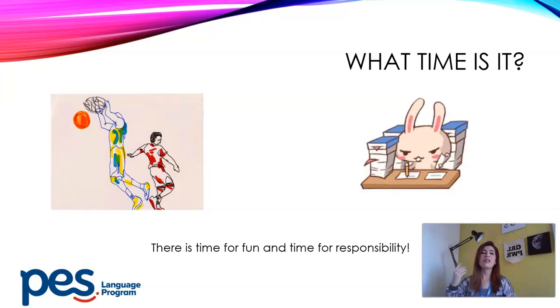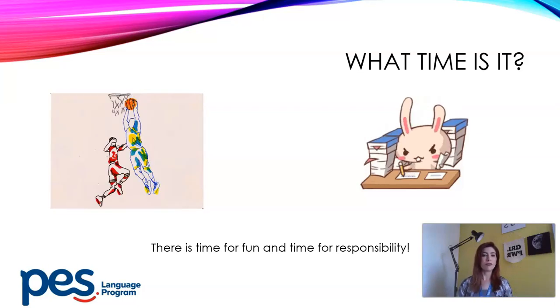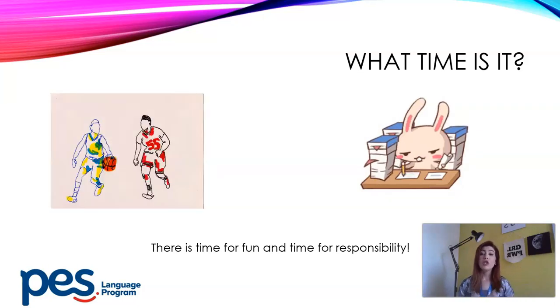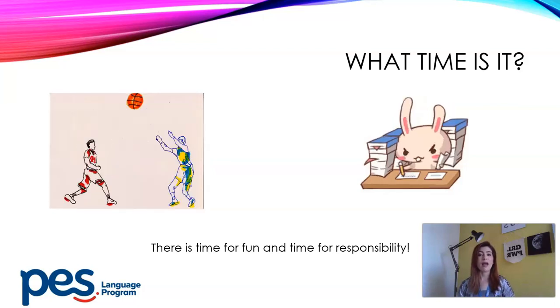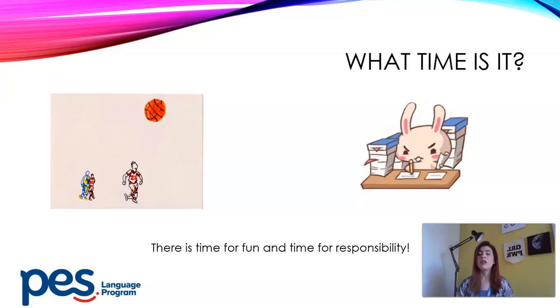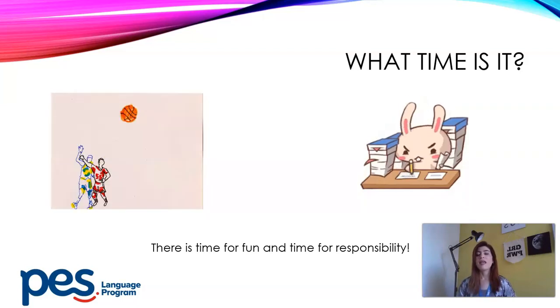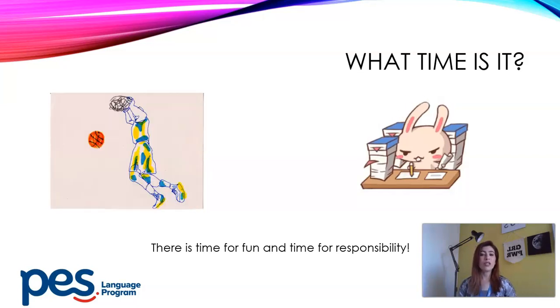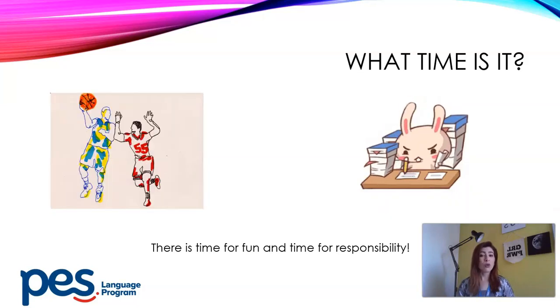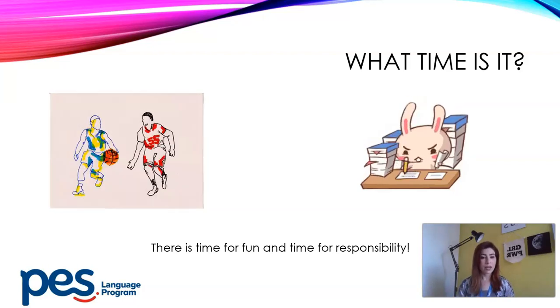So, there is a time for responsibility and there is a time for fun. Usually, we have fun after school, when we finished homework, or maybe during the weekend, right? And our responsibilities are usually when we are at school, when we have some house chores to do, okay?